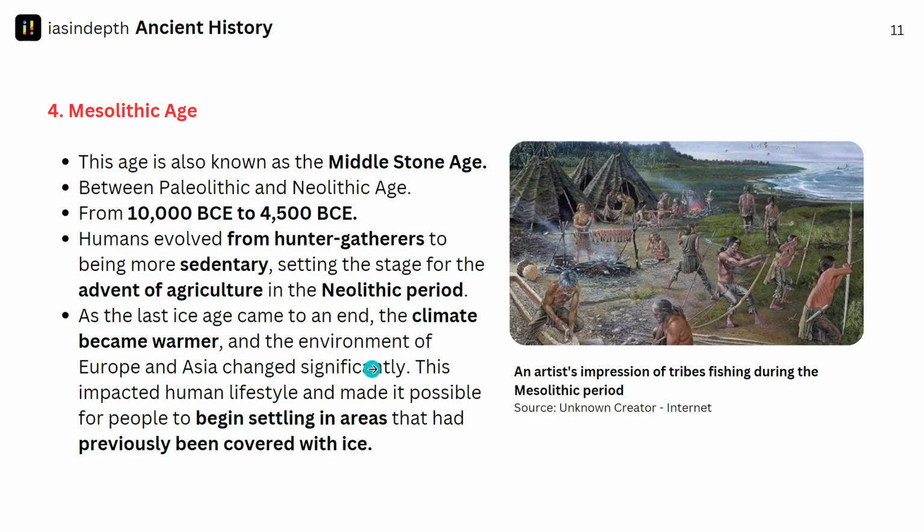Also, as the last ice age, or last glacial maximum, came to an end, the climate became warmer. And the environment changed in different parts of the world, especially in the polar belt, the Arctic belt and Antarctic belt. In Europe as well as in Asia, the climate changed significantly. This made it possible for people to begin settling in these areas.